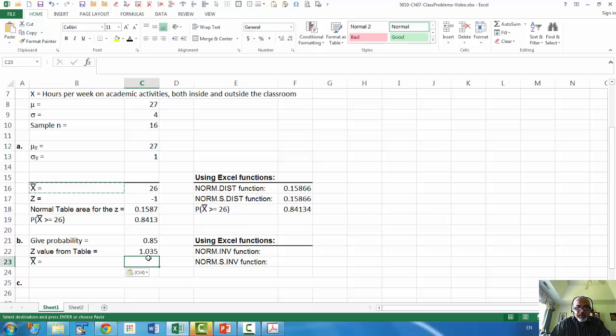So the x bar would be mu of x bar plus the z times sigma sub x bar, which is sigma over square root of n. So that's the number of hours that 85% of these students would spend at least 28 or less than that.